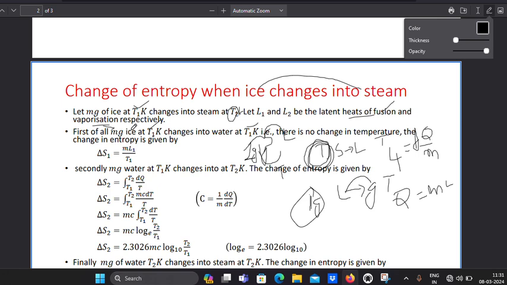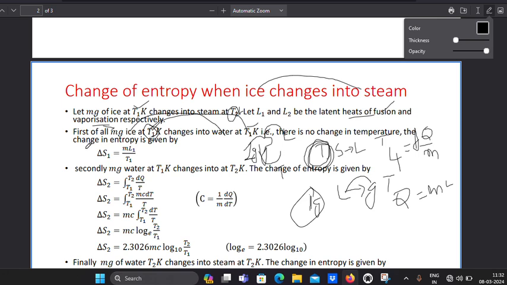Because when ice changes into water, its temperature never changes. When the total ice melts into liquid, its temperature cannot change, so whatever temperature is present here, the same temperature I have written there. The temperature stays at 0 Celsius, but the whole ice is converted into liquid without changing temperature. That is why we call it fusion. So there is no change in temperature.